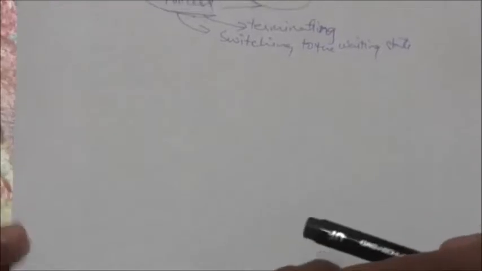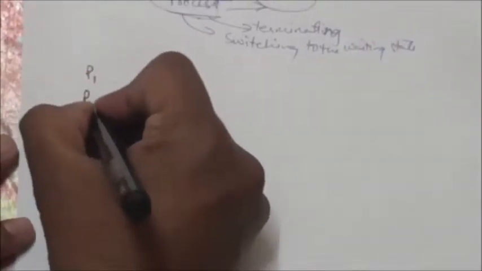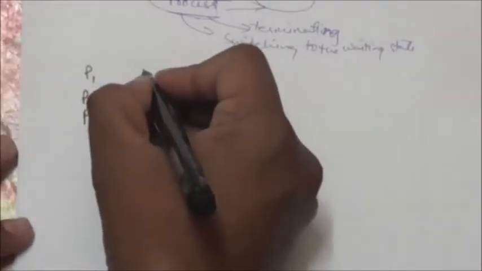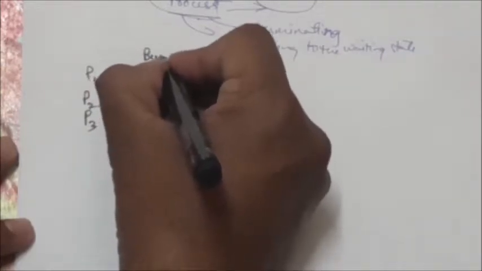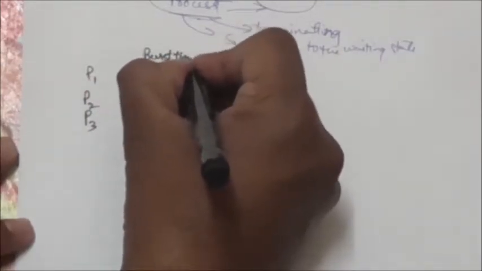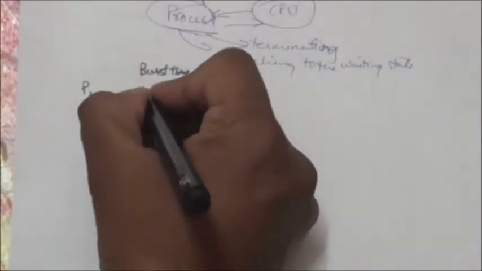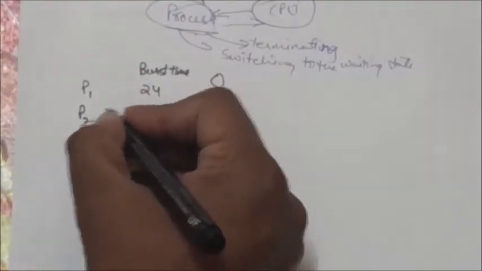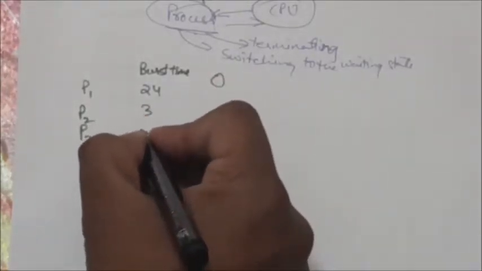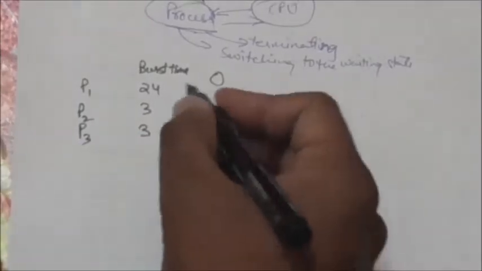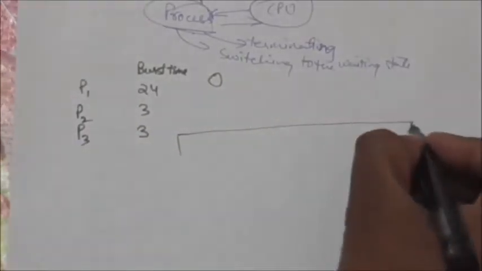Now suppose there are three processes, P1, P2 and P3, and they arrived at time 0. The burst time for process P1 is 24 milliseconds, for process P2 is 3 milliseconds, and for process P3 is 3 milliseconds.